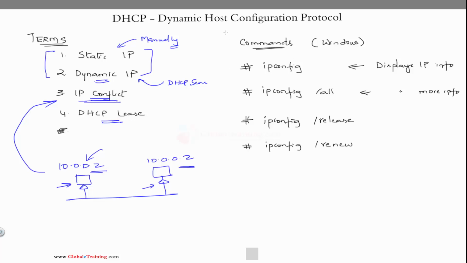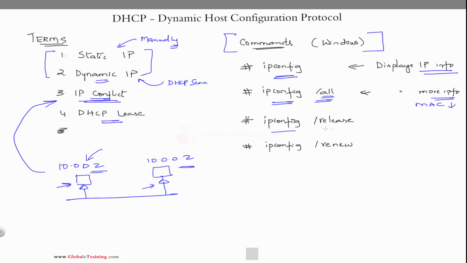And some of the commands you can use in the DOS prompt on a Windows machine. If you do ipconfig, it'll display your IP address information for all the network cards. If you do ipconfig /all, it will give you more information, meaning you will get the MAC address and other details.